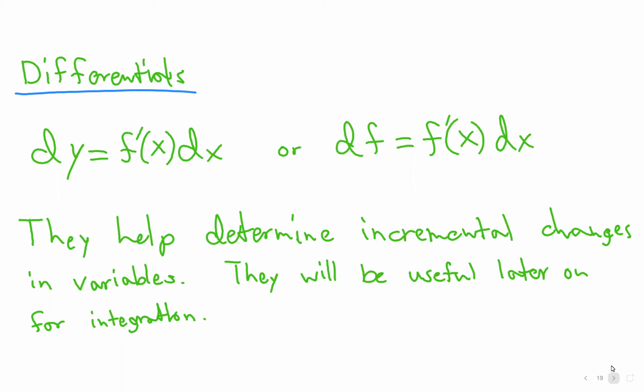So those are a couple of ways that differentials can be applied. Whether they're consequential or inconsequential really depends on the material that you're working with, but they're interesting nonetheless.